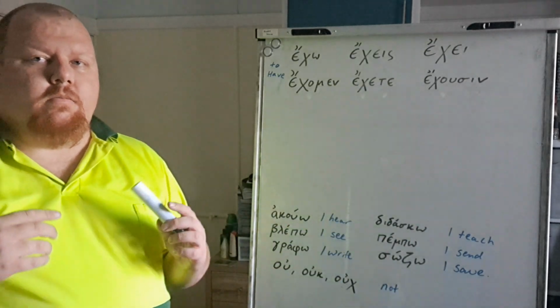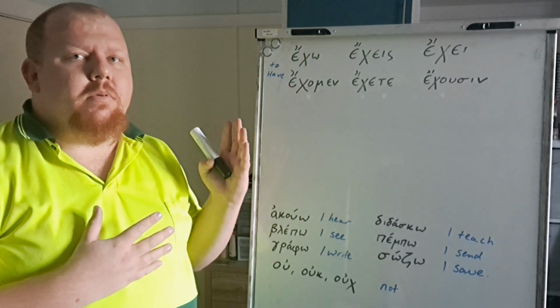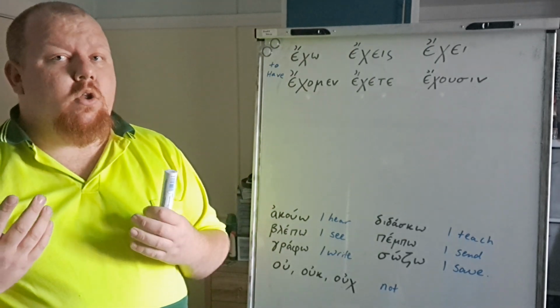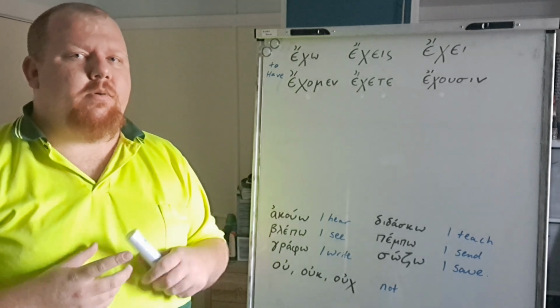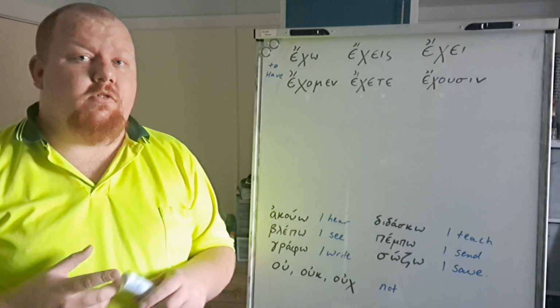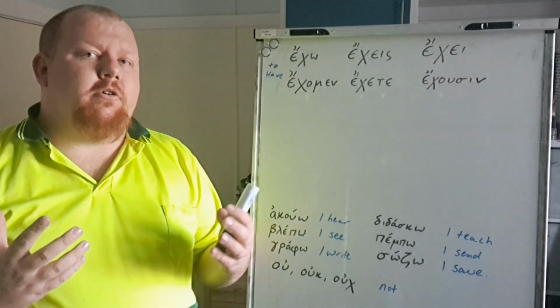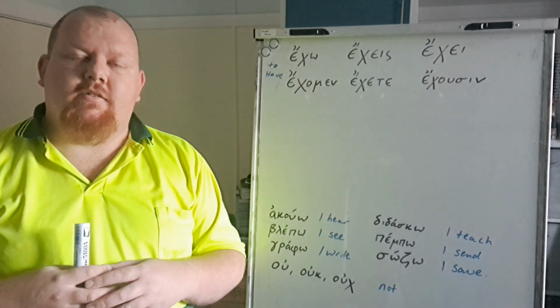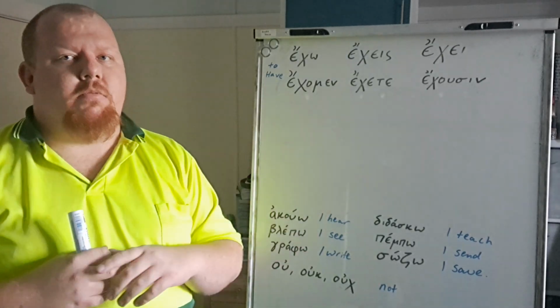Now, this verb represents a type of verb in Greek which ends in an omega in the first person singular. There are different types of verbs in Greek. Most of them have an omega at the ending. Sometimes there's a slight variant on the omega.